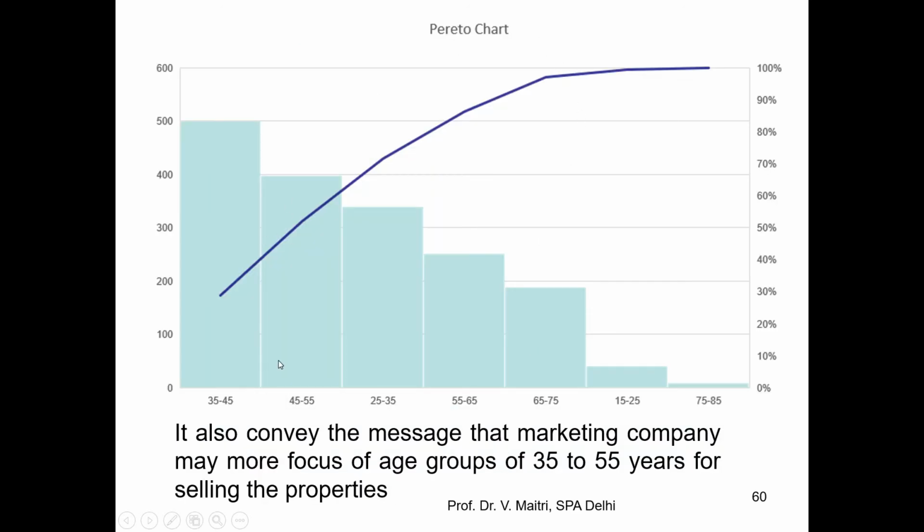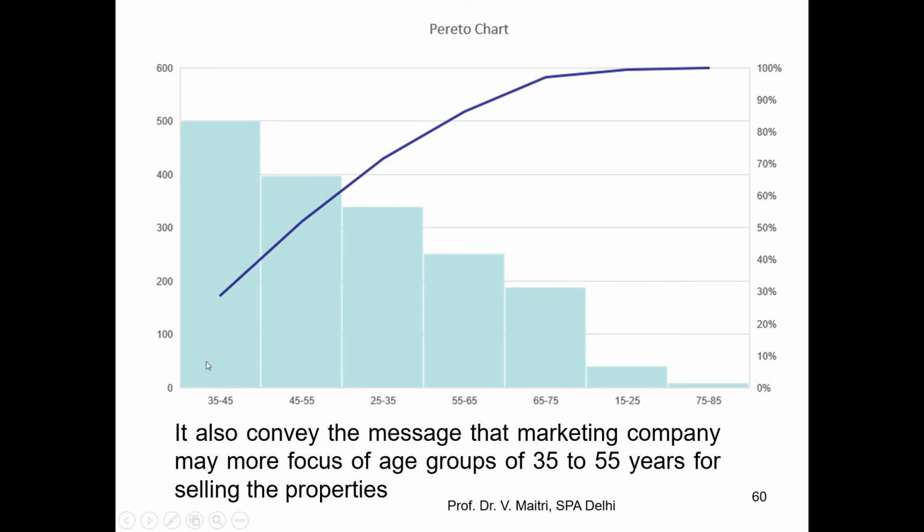Just see, there is a difference between the Pareto chart and other charts. All these things are also available in your Excel sheet. Don't worry about that. Similarly, 25 to 35 is the next one, 55 to 65 the next one, and like this we are doing it. And accordingly, the relative frequency we are presenting in this format. So it means now the company can focus.